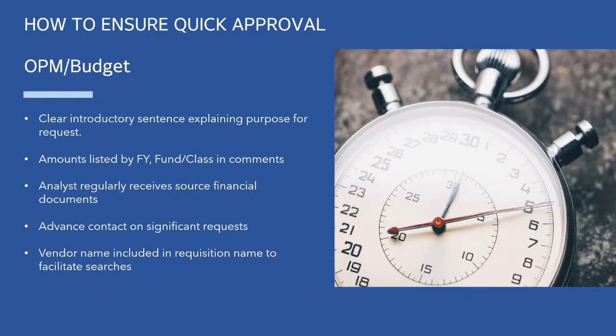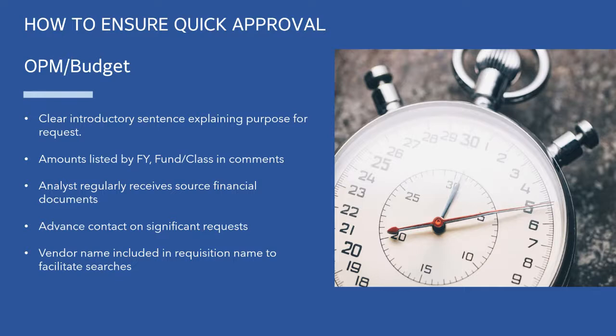A quick approval is certainly something that we know the agencies are interested in. And from the OPM budget perspective, there are some factors that make a review process easier and more rapid.